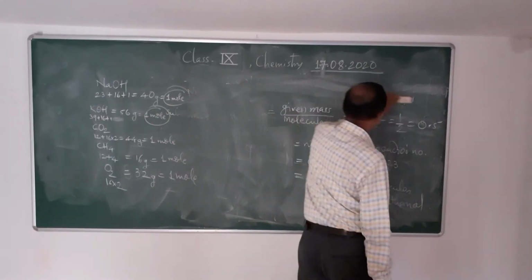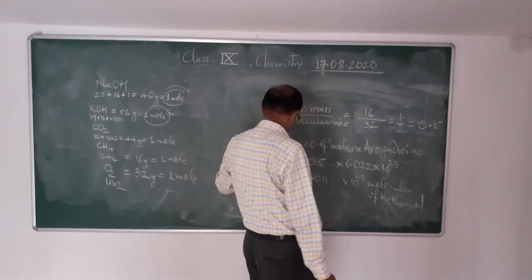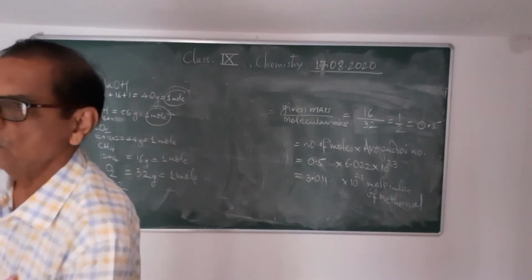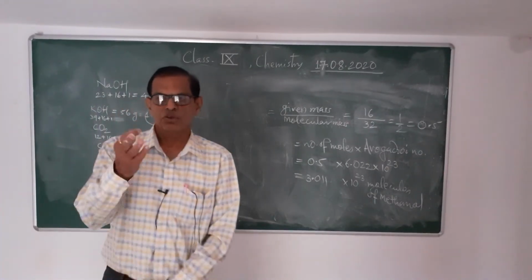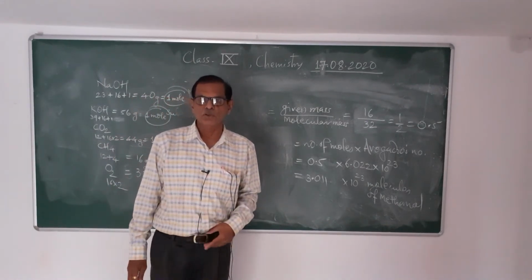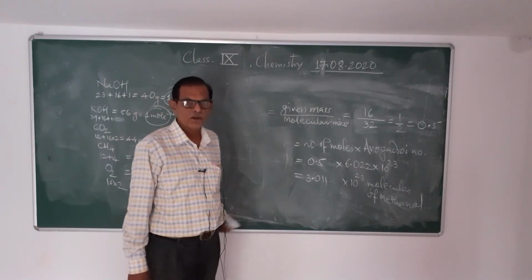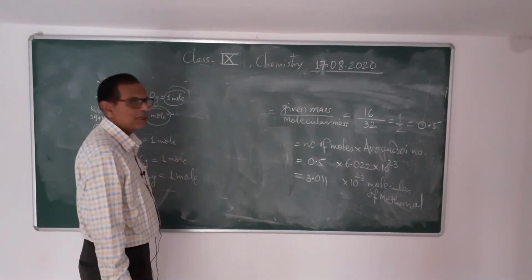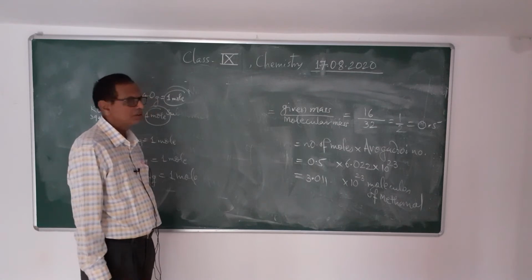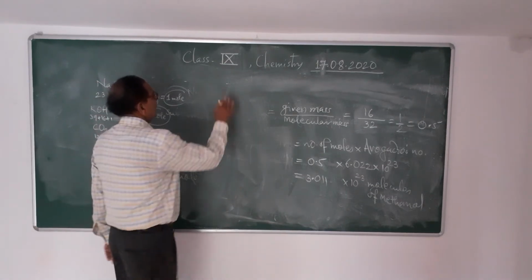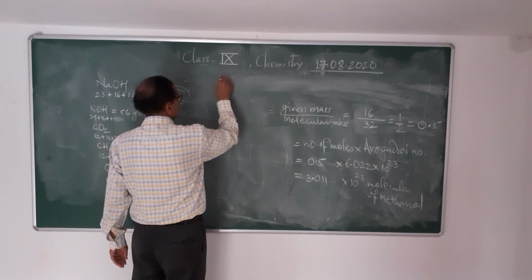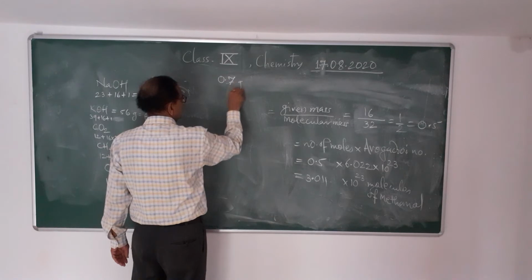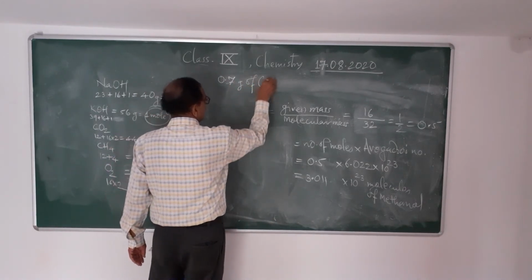Now again we can solve a number of numericals. So write down: calculate the number of moles and number of molecules present in 0.7 gram of carbon monoxide.